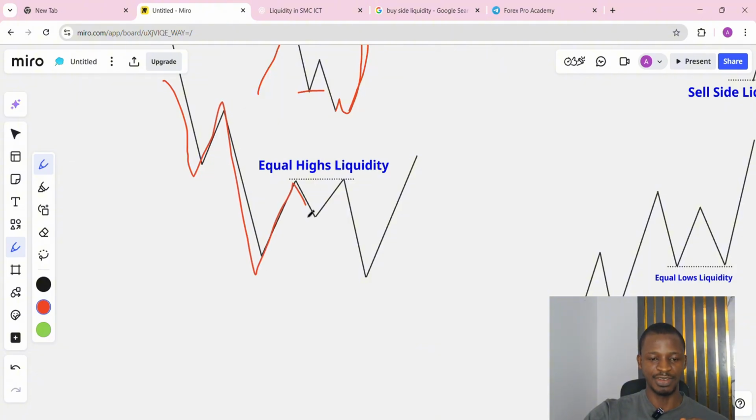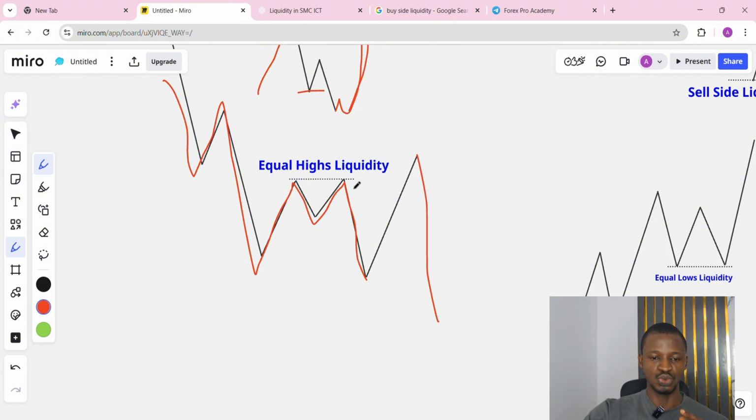All of a sudden it starts forming equal highs. So the moment the price comes to this place, if you want to continue the trend as a smart trader, you would want the equal highs liquidity to be swept to the upside before you can take your sell opportunity again.